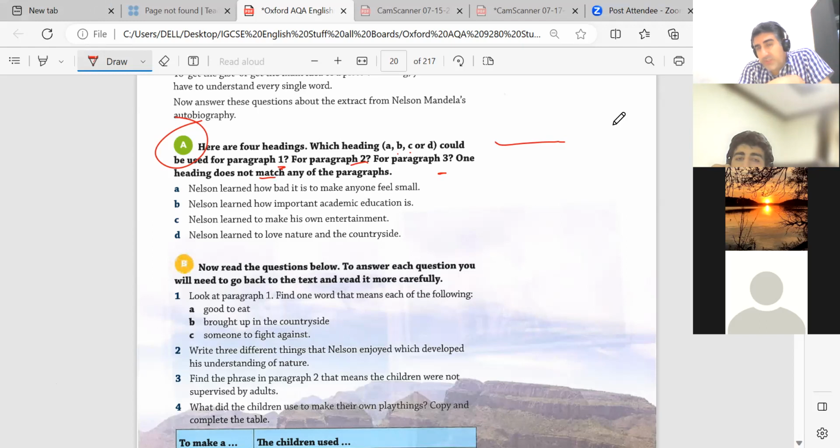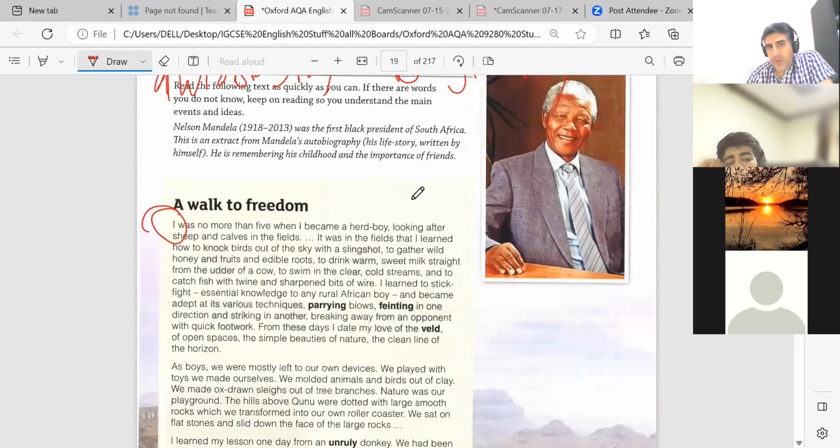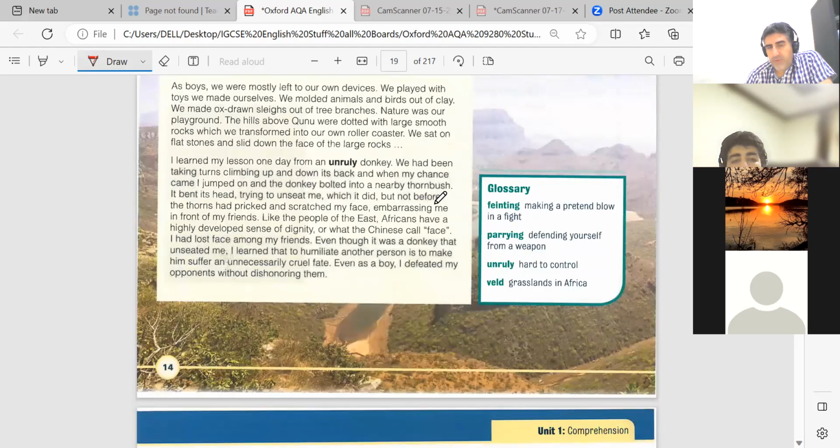If I ask you statement 1, A, Nelson learned how bad it is to make anyone feel small. This statement is the main idea, or let me say a title or topic sentence. Which paragraph? 1 or 2 or 3?